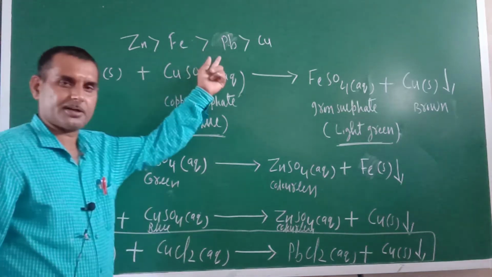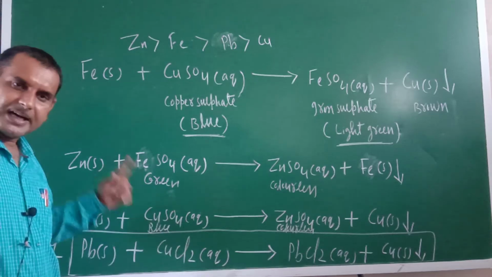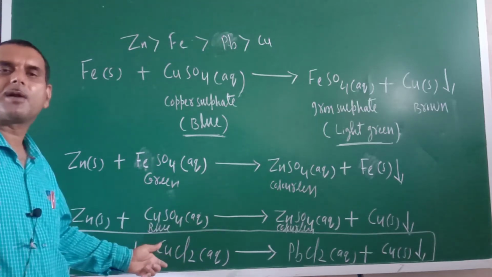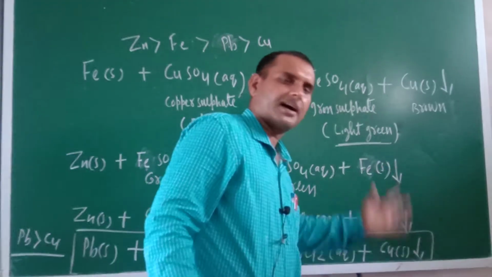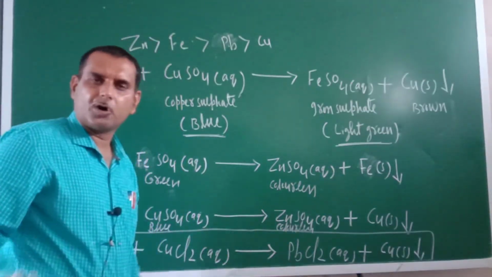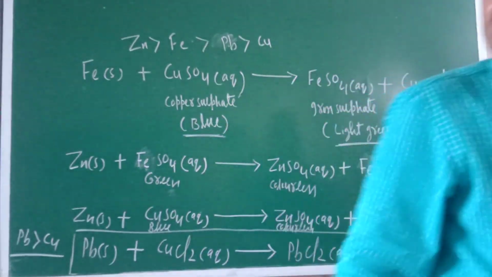Already I wrote here, correct or not? Lead is more reactive than copper. That is why lead is displacing copper from its salt solution. It is forming lead chloride and copper. Okay, have you got it or not? So these are the four examples of displacement reaction.